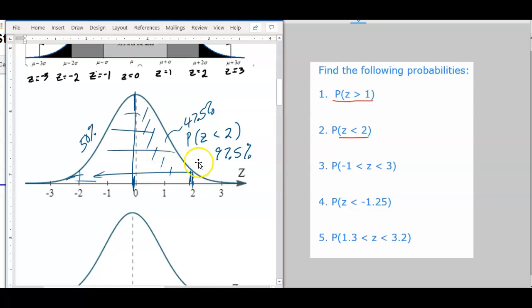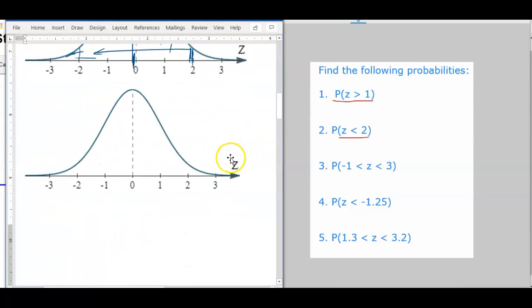Lastly, using the empirical rule, I'll just remind you that in the empirical rule we need integer values, that is no decimals, no values between full standard deviations to the right or left. So this is from 1 standard deviation to the left of the mean to 3 standard deviations to the right of the mean. So if we take a look at this picture, 1 to the left would be right here, and 3 to the right would be right here.